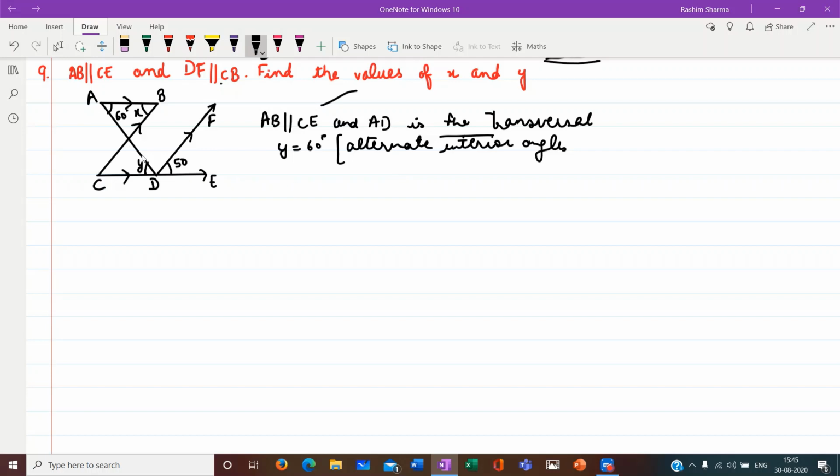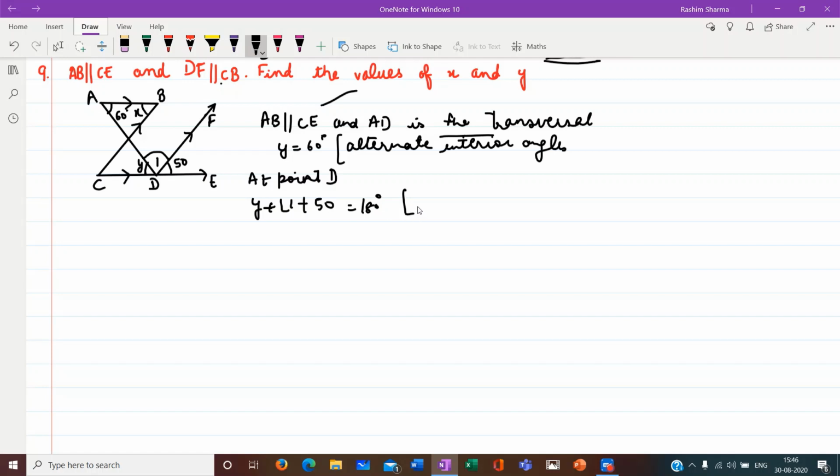Okay, now at point D, here we know Y is 60 degree and there is 50 degree. So let us name this angle as angle 1. So we can write here at point D, Y plus angle 1 plus 50 is equal to 180 degree. Why?